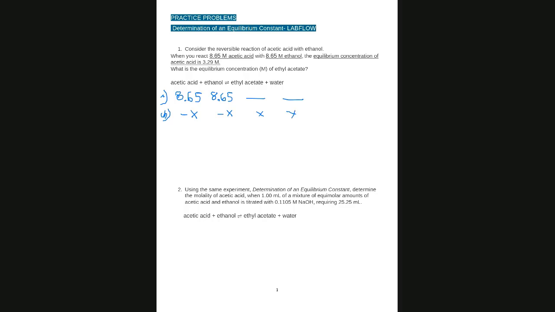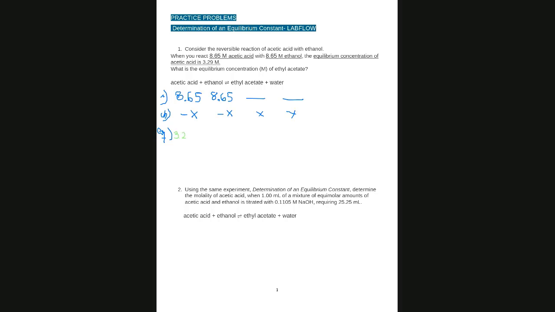And then at the equilibrium, they are telling us that the equilibrium concentration of acetic acid equals 3.29. So they are giving us that number, 3.29.